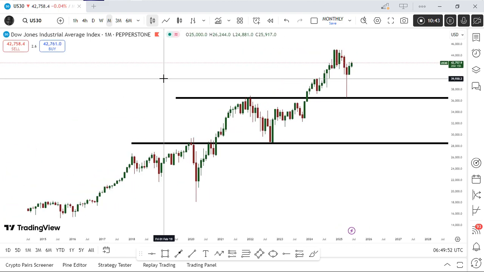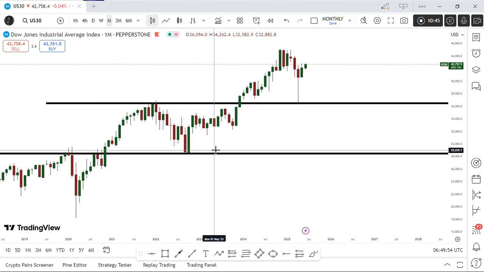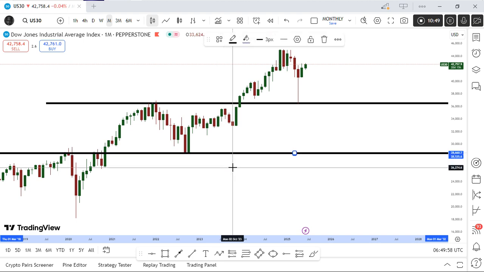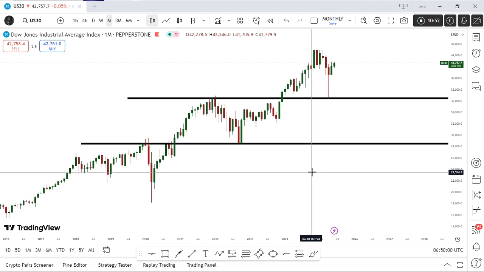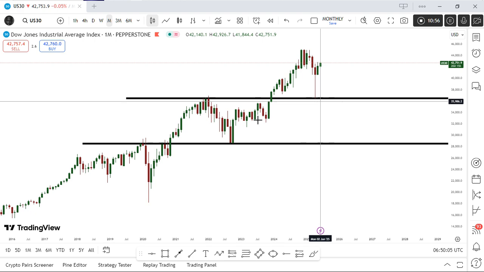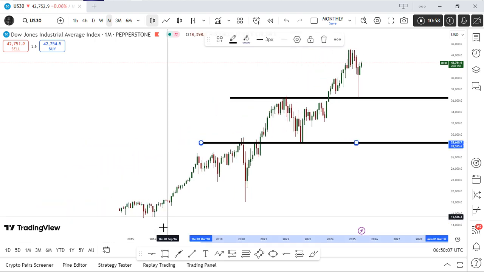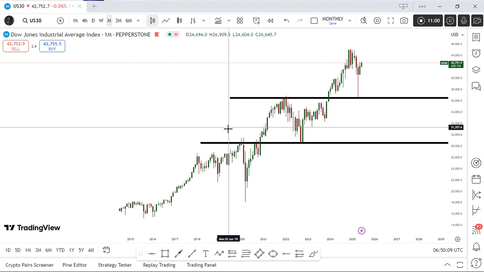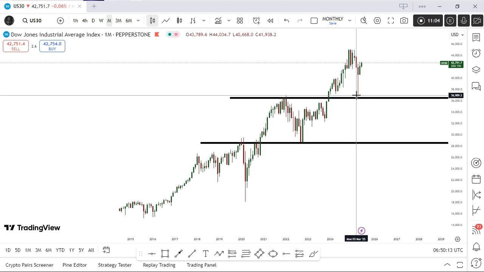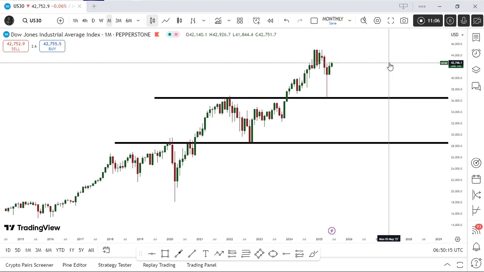We can see that our levels are still neatly plotted. Just have to make some little adjustments. We can see that our levels are still neatly plotted, right? A low, a high, a higher low, higher low, higher low. We are about to have another higher high.